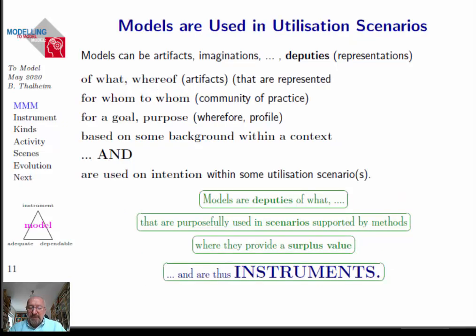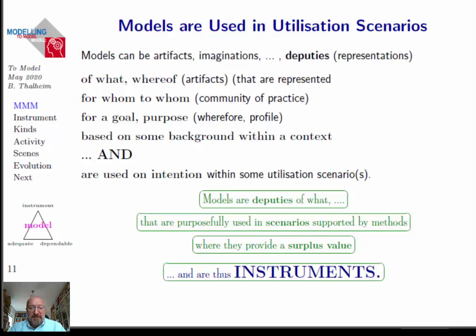Models are instruments, is our main claim. That means in this case, they are representing something for somebody, are addressed to somebody, somehow are fitting the goal and purpose so that they function in a proper way.